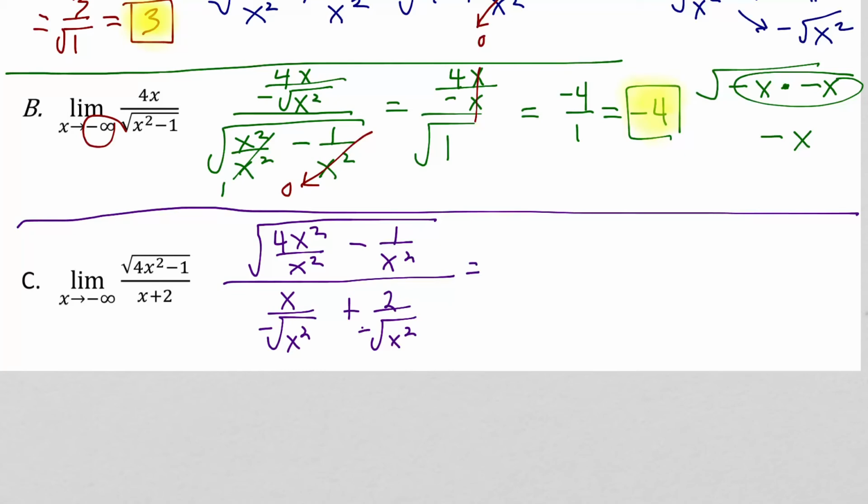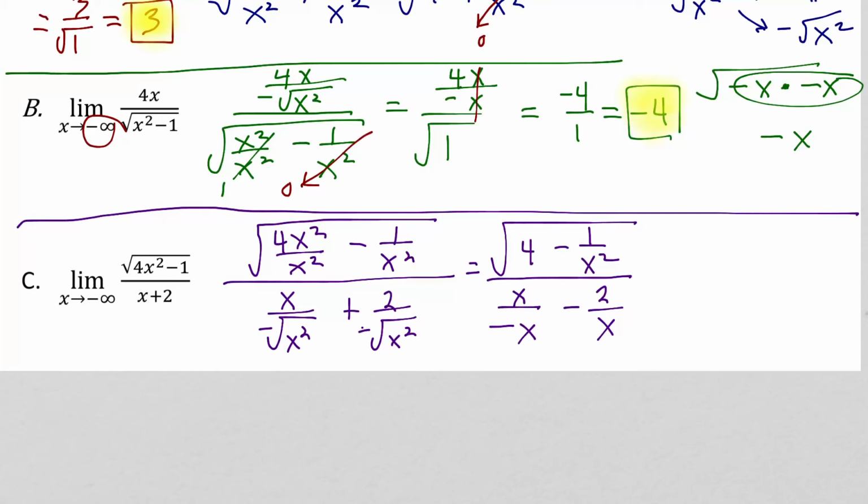So that's the same thing if I simplify as 4 minus, well, we can go ahead and write it out and then cross things out. So this is x divided by negative x, minus 2 over square root of x squared is x.